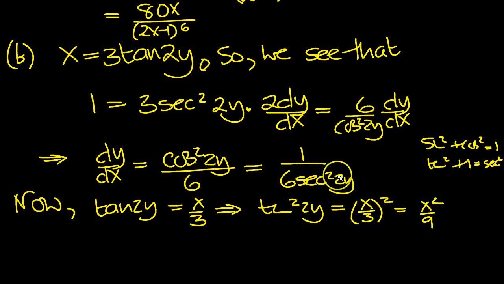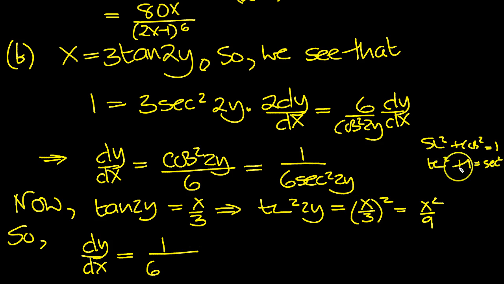And we can now replace sec squared, can't we? So dy/dx, we're writing it in terms of x now, 1 over 6. Sec squared is tan squared plus 1, which this is tan squared, so we can put that in. x squared over 9 plus 1.